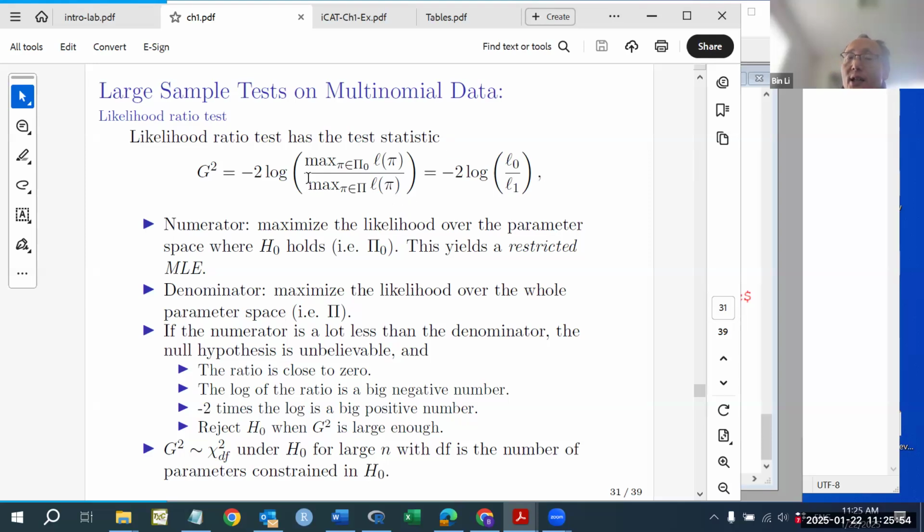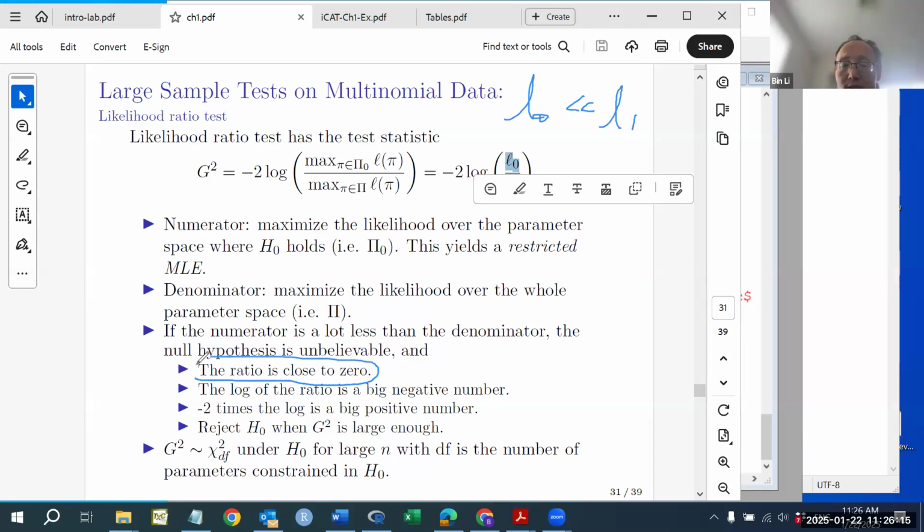But if the null hypothesis is not true, then this one will be what? The L0 will be much smaller than L1. Is that right? So the ratio will be close to 0. All right?